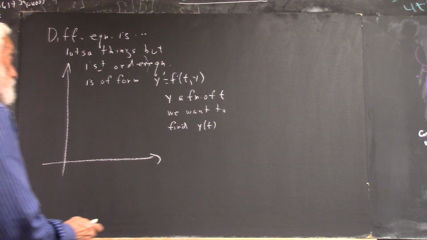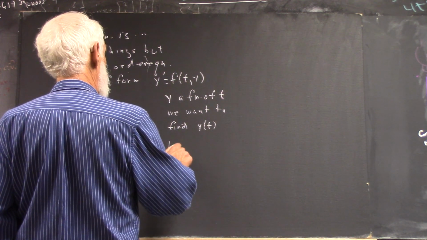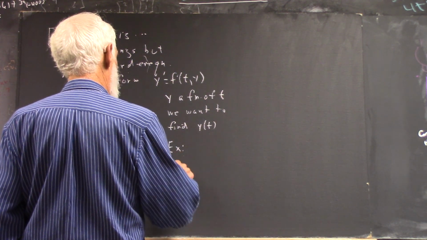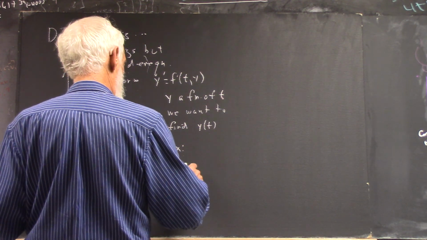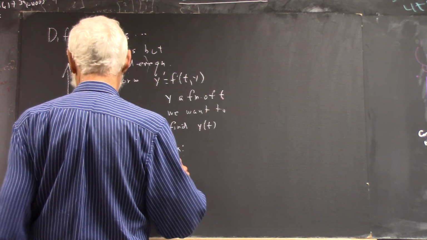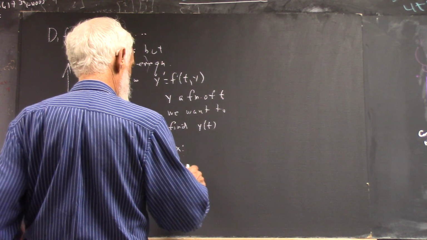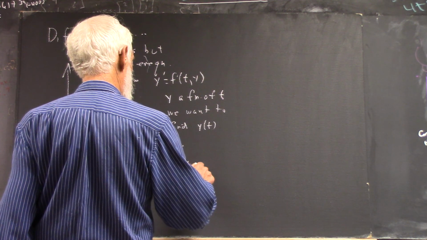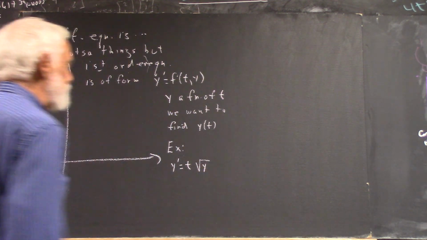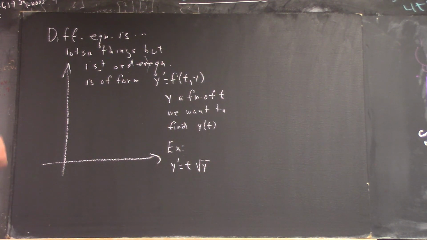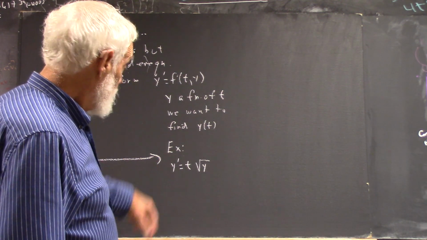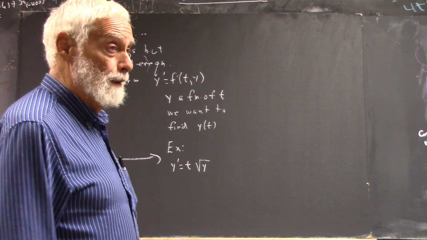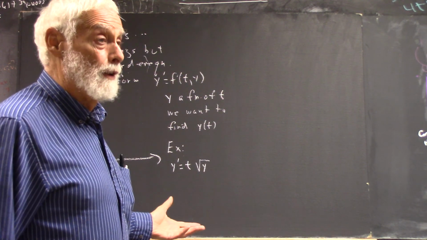So let's just take, let's see, one that has a reasonable picture. Okay, y prime equals t times the square root of y. Now we can solve this very easily, but I'm going to use it as an illustration because it's very easy to write down equations that we just can't solve.